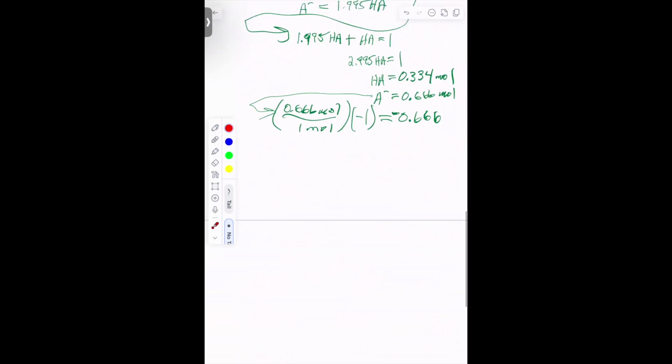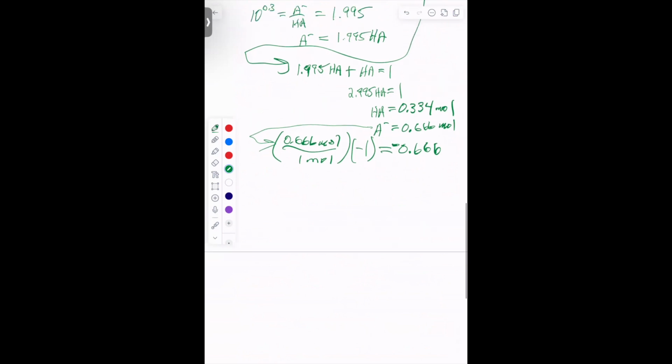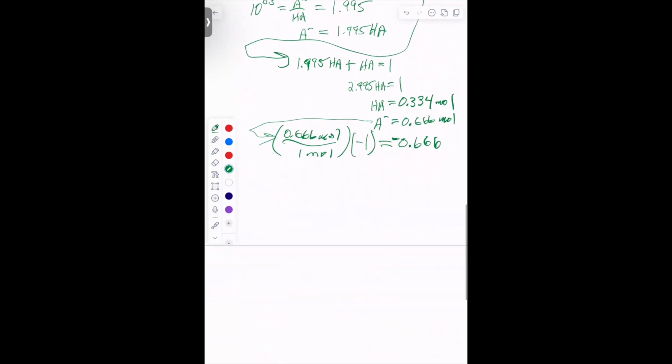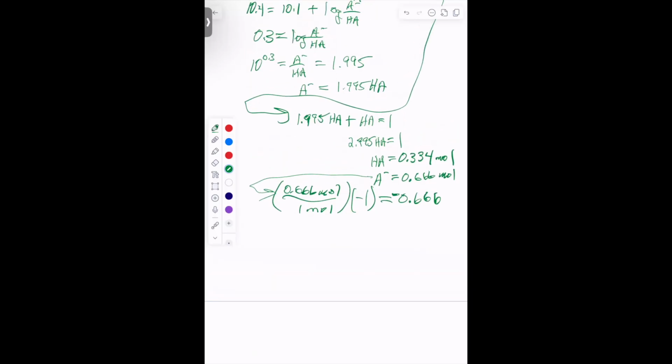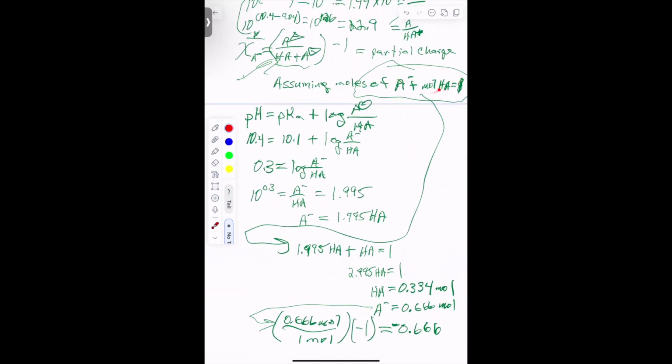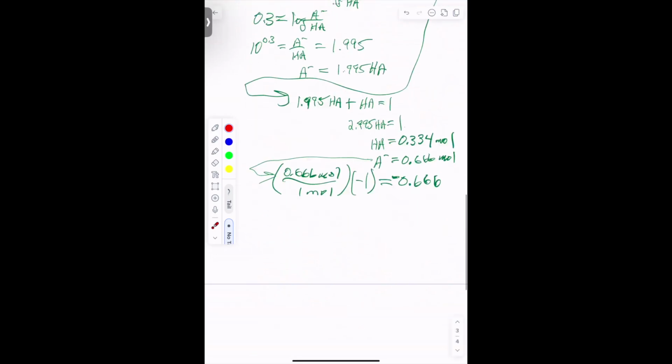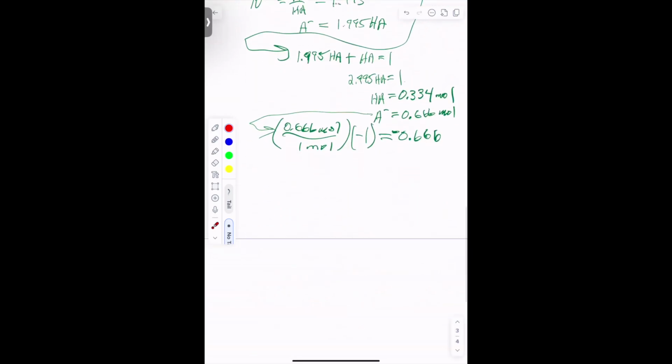So that's where I get my minus 0.666. If you go through each step that I just did, you can see how I got first HA, then I got A minus by subtracting from this. I hope you can see this. It's hard for me to know how this is going to turn out in your view.